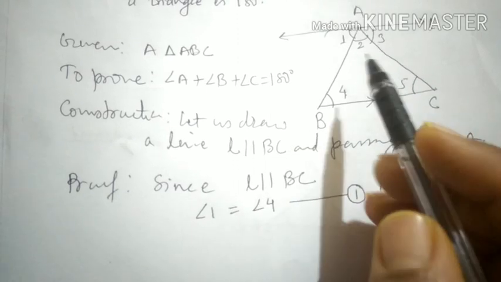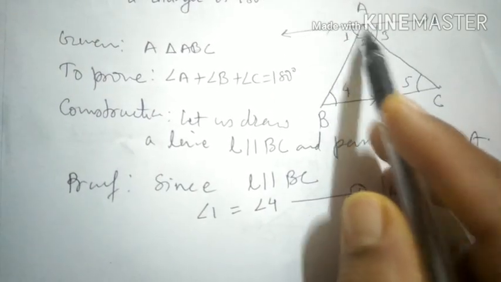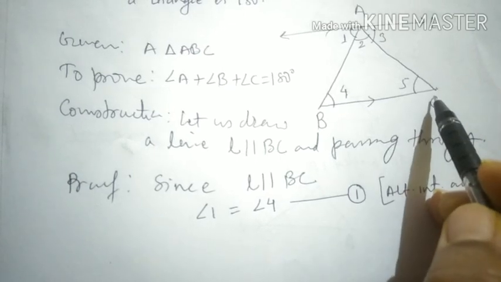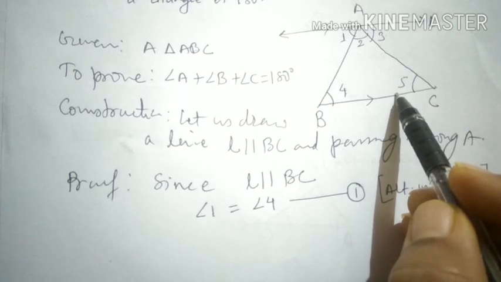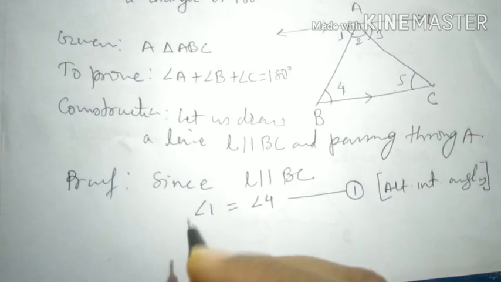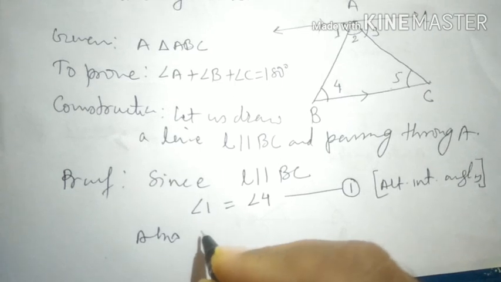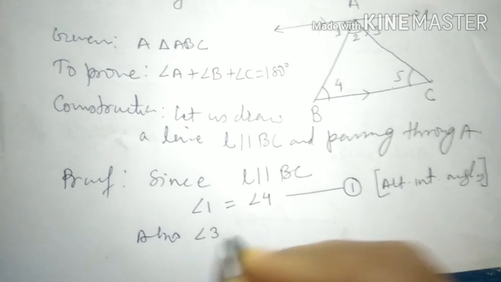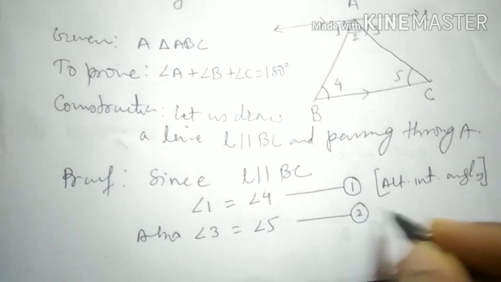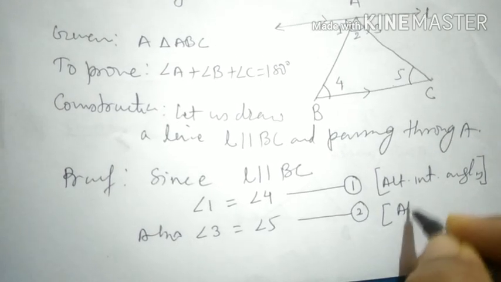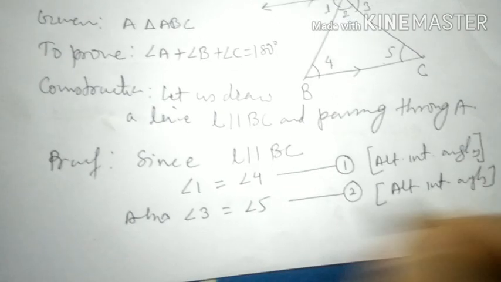Now in a similar way, L is parallel to BC and AC is the transversal. In that case, angle 3 and angle 5 are alternate interior angles. So also angle 3 equals angle 5. This is the second equation. The reason is the same, alternate interior angles.